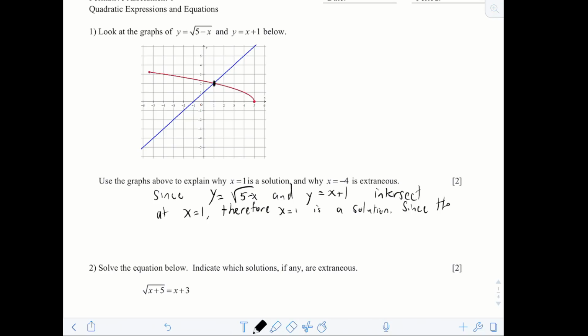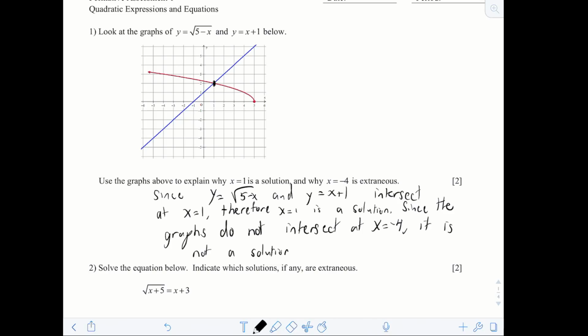Since the graphs do not intersect at x equals negative 4, it is not a solution.